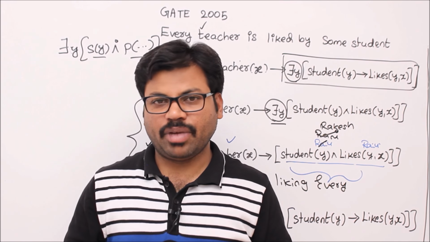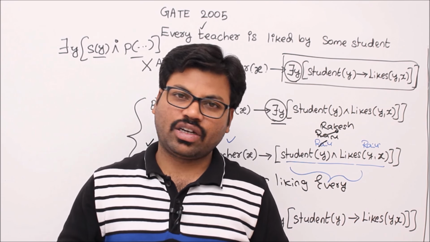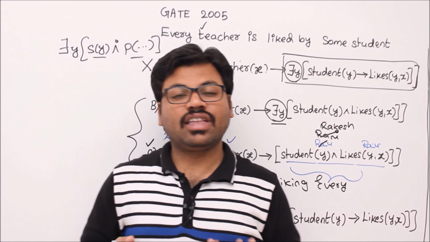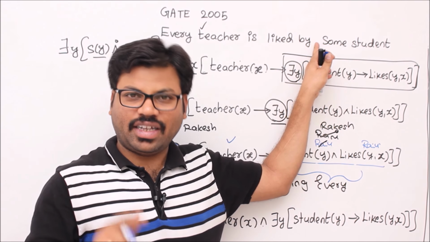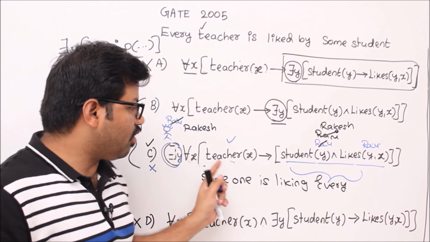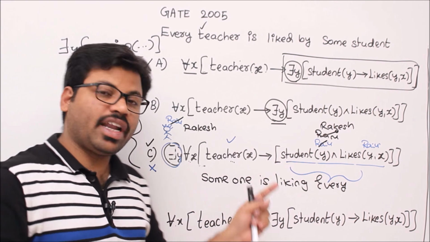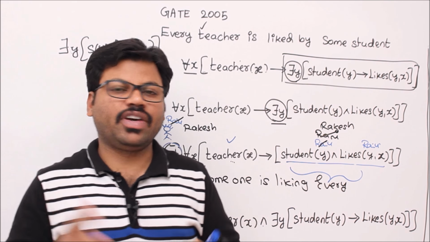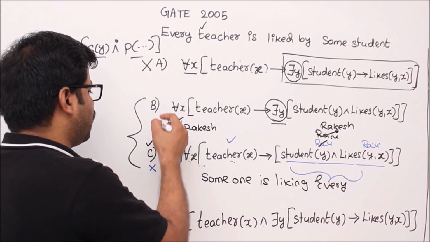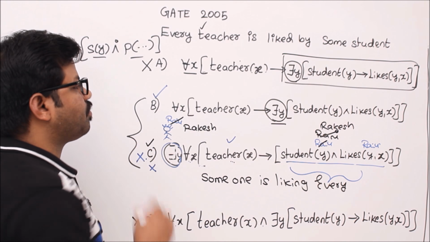Maybe teacher 1 may be liked by Raju, teacher 2 by Rani, teacher 3 by Rakesh. Still I say every teacher is liked by some student, isn't it? For that, it is not compulsory that some student should like every teacher. You understand that? So that's why the correct answer is option B, not option C.